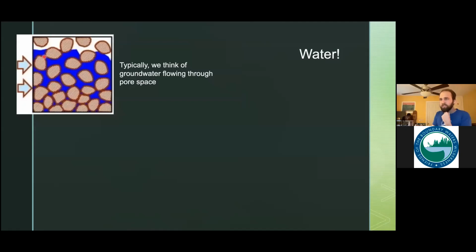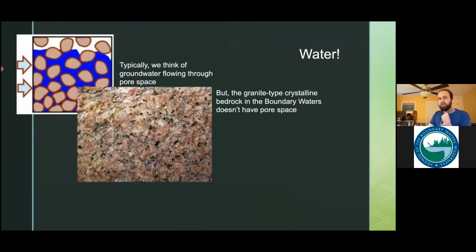And I'll just go through this quickly, but it used to be that we thought that water in groundwater just moved through spaces between grains in rocks, but in the Boundary Waters, it's this crystalline rock. So this is granite and there's no space between these grains.